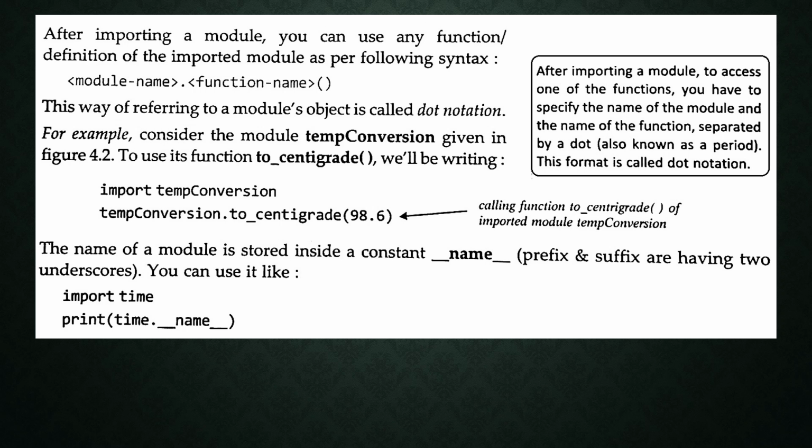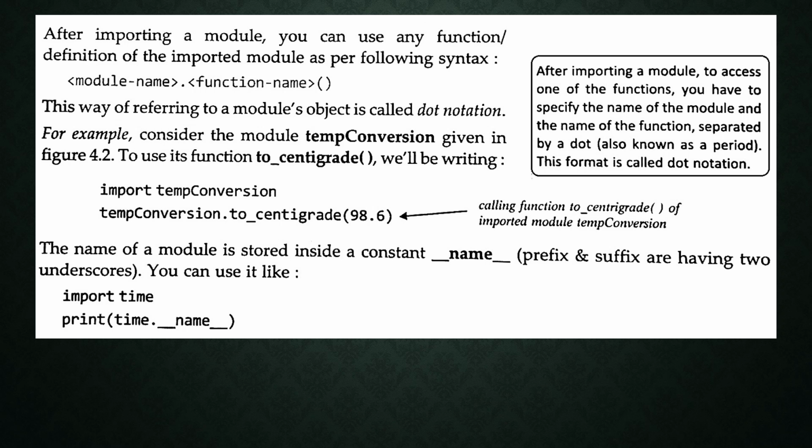And one more thing we studied is how to use the functions: module name dot function name with parentheses. Temp conversion dot to centigrade function, temp conversion dot to Fahrenheit function.